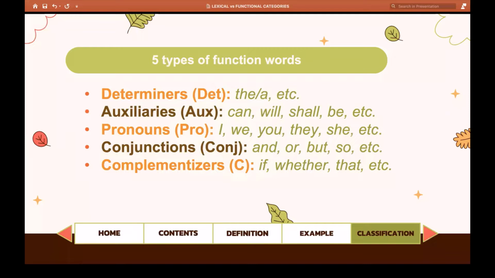Pronouns consist of I, we, you, they, she. The conjunctions are and, or, but, so, etc. Finally, the complementizers include if, whether, that, etc.